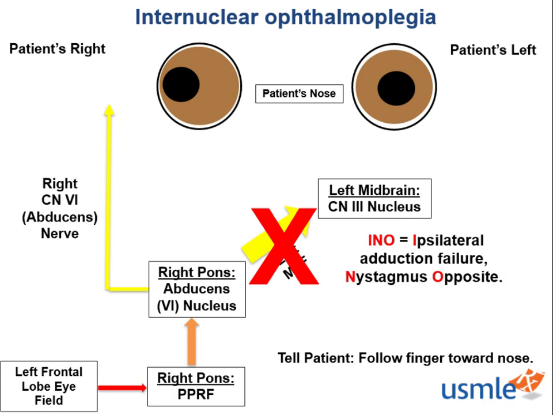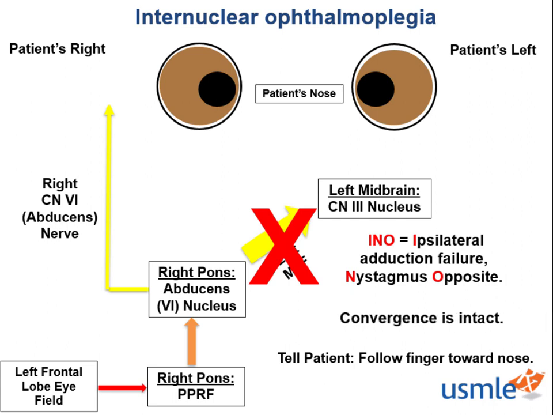The patient, even with an internuclear ophthalmoplegia, will be able to adduct both eyes like this. Wait, Johnny, how is that possible since the patient's left MLF is damaged? Well, friends, the patient's cranial nerve 3s are functioning just fine, and through other neural circuits, the medial recti of both eyes become activated and adduct both eyes. Thus, convergence is intact.